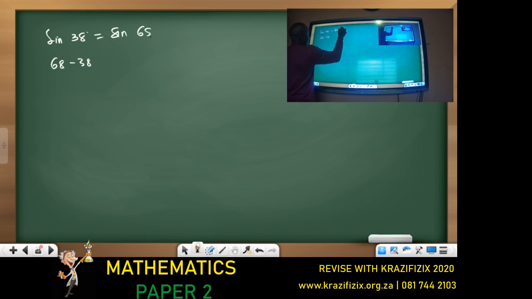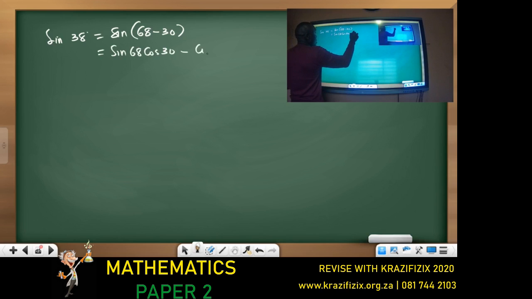So I can say this is sine of 68 minus 30. I hope that makes sense. Because now I'm trying to bring in my special angles. And you know what sine of 68 minus 30 is? Formula page: sine 68 cos 30 minus cos 68 sine 30.